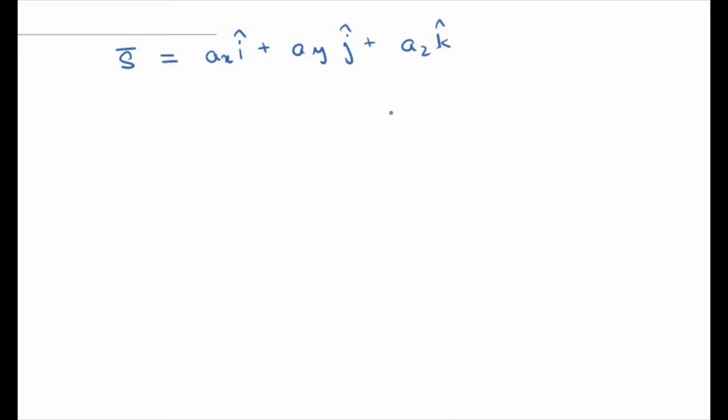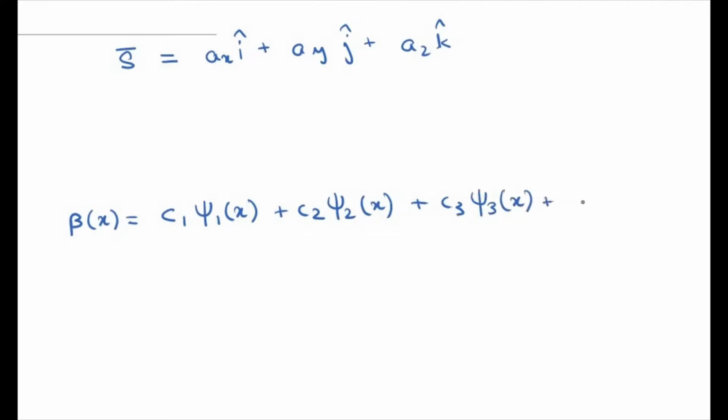This is how we write a vector in normal 3D space. Similarly, in the vector space of wave functions, we write a vector, let us say beta of x, as c1 psi_1(x) plus c2 psi_2(x) plus c3 psi_3(x) plus and so on.